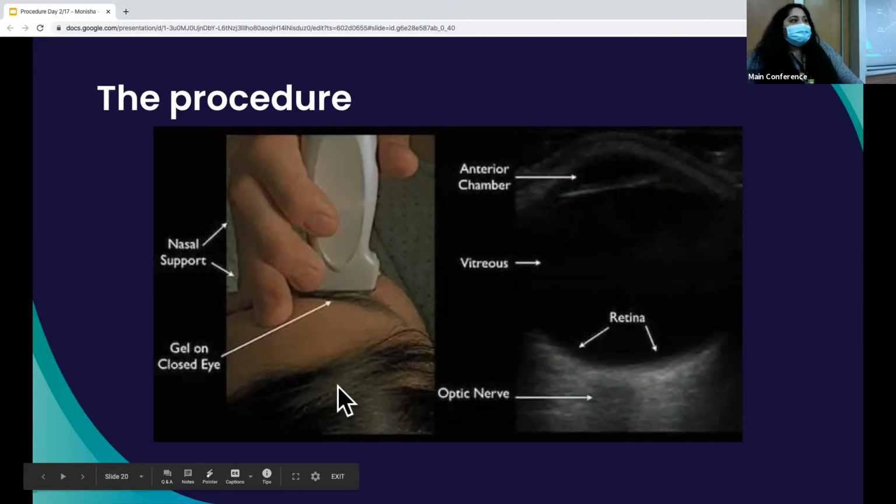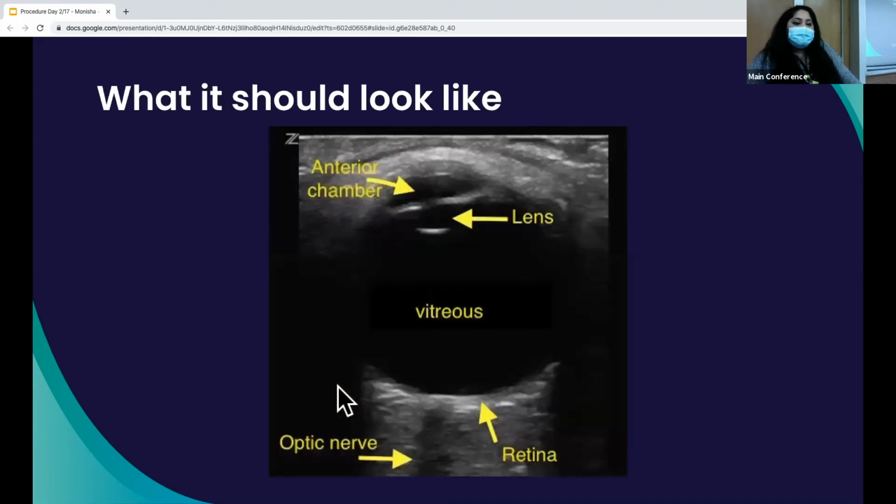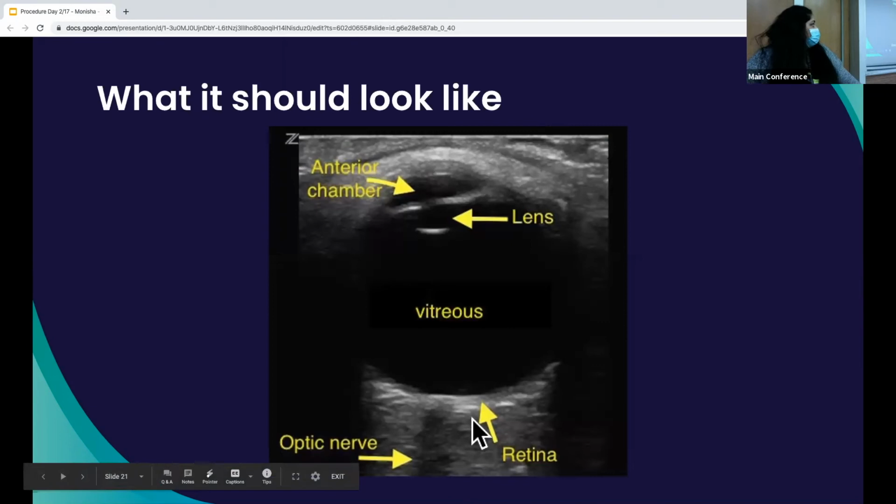You can also, if you want, as a comparison, image the contralateral, normal eye if you're having difficulty differentiating normal from abnormal. A normal eye, as we talked about, is going to have your globe itself, the lens right here, the anterior chamber. You're going to see your vitreous with the retina at the bottom and your optic nerve.